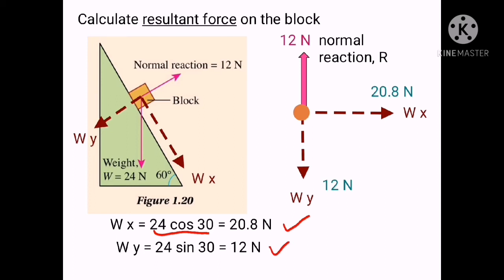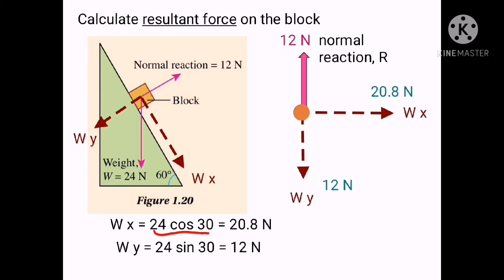Now, if you look at the diagram on the right here, what you are seeing now is my free body diagram. I have rotated it a bit so that my Wx is parallel to my x-axis and my Wy is parallel to my y-axis.